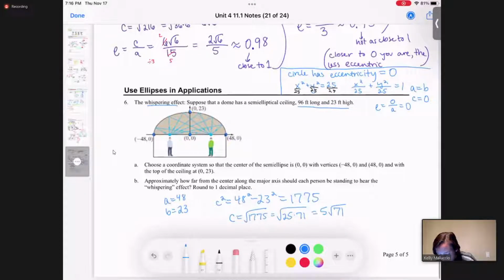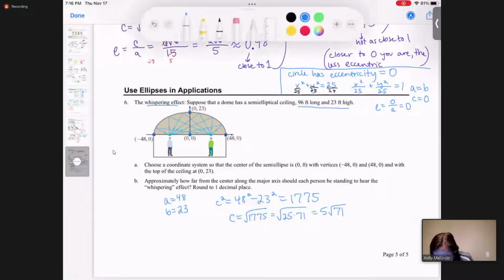So we have our C value, and they're saying, where should these people be standing to hear each other if they're talking? Now, notice all these weird arrows, like this bouncing here and here, or here and here.